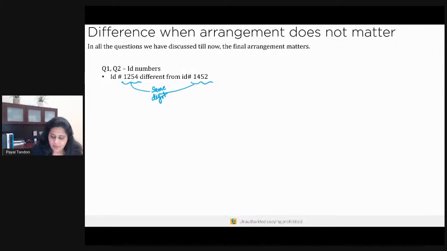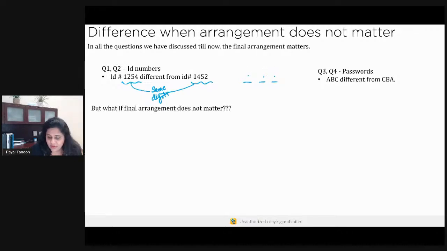You have 1, 2, 4, 5 here also, but their combinations are different, their placements are different, and that's why you have two different numbers there. So the same thing was in question number 3 and 4 as well. Passwords were different. ABC is different from CBA, right? So this is where you conclude that arrangement matters. It matters where you place these components on the spaces.